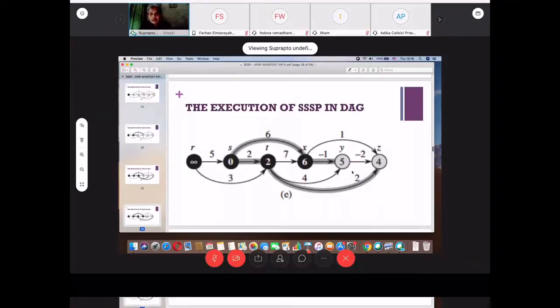And the last one, there is one more, which is the vertex Z. Starting from S, we can follow this path, right? And then from Y to Z. Okay?